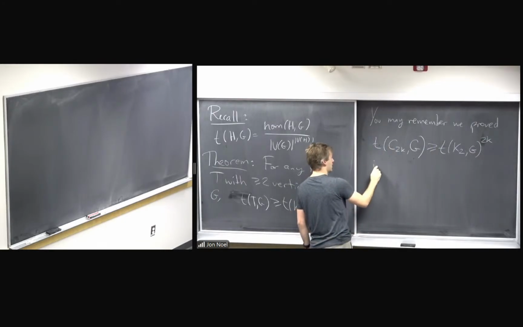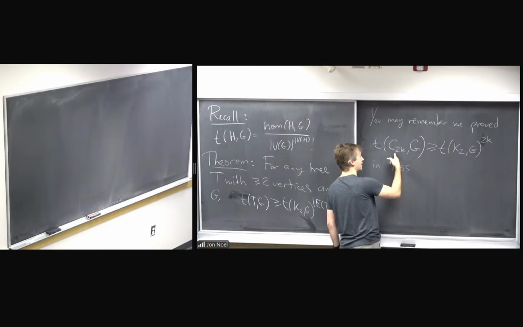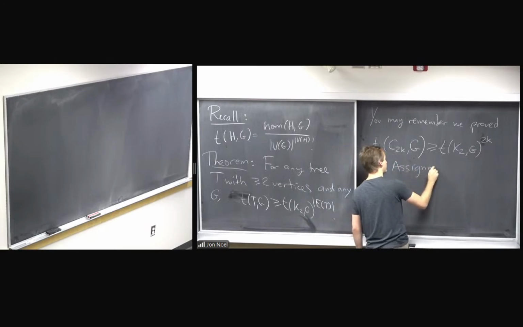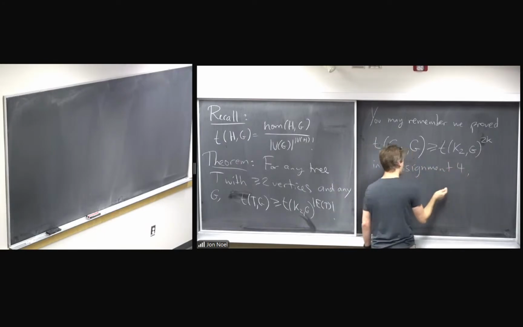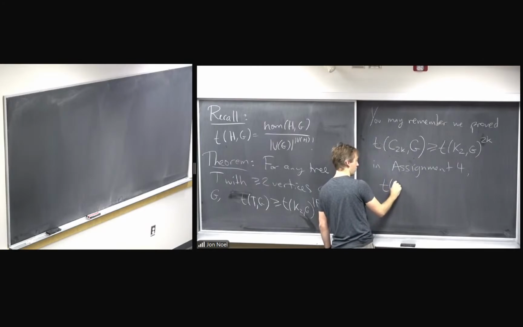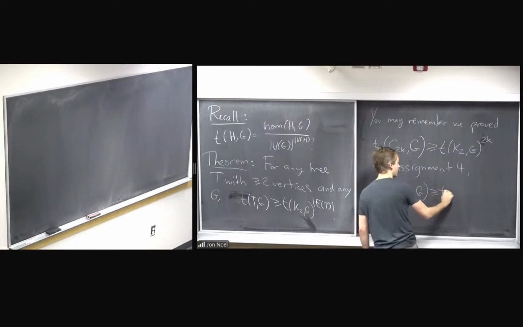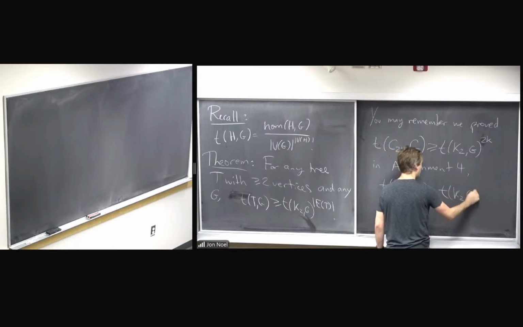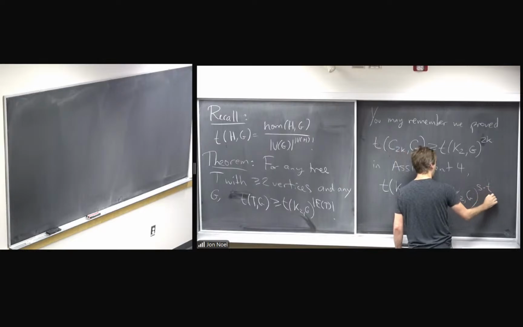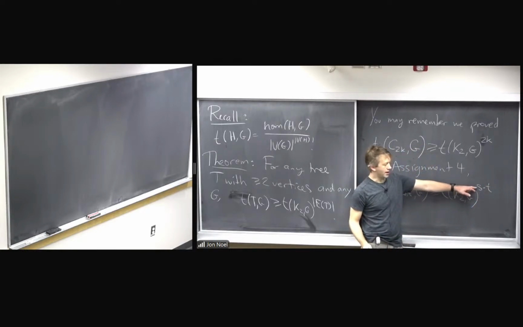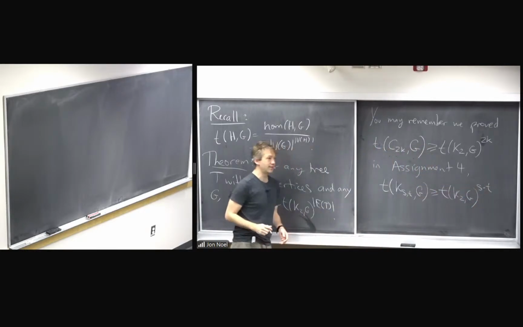And in assignment 4, there was also K_{s,t}: the density is at least the edge density to the s times t, which is again the number of edges in K_{s,t}. So we're proving an analogous thing for any tree.